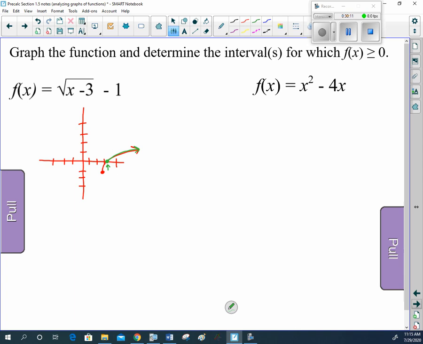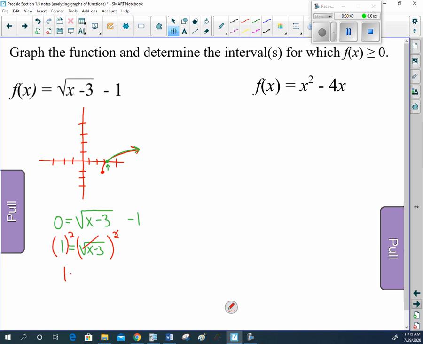So I am going to put this equal to 0 and do this algebraically. That will tell me where it's equal to 0, right? Because isn't that where my y value is 0? That's what happens when we're trying to find greater than or equal to 0. So square root of x minus 3 minus 1, add the 1. To get rid of my square root symbol, I am going to square both sides.